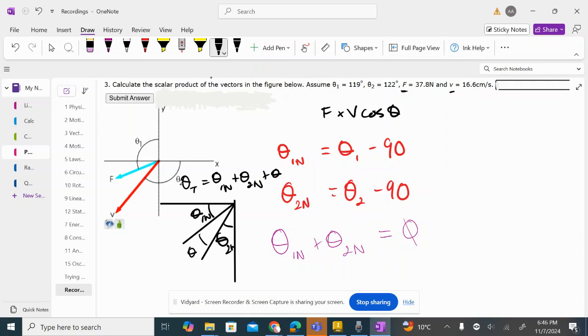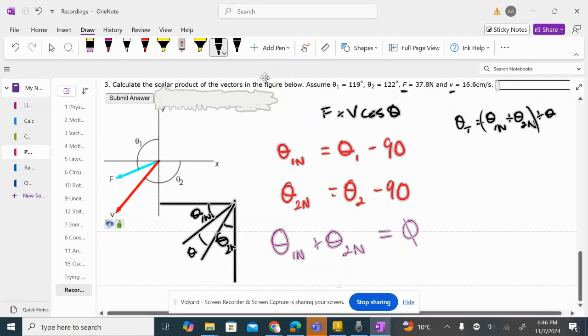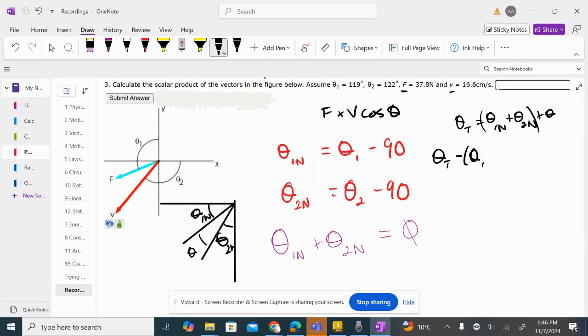So if we put brackets like this and rearrange this equation, it would actually be accurate to assume that theta t minus (theta 1n plus theta 2n) is equal to theta.